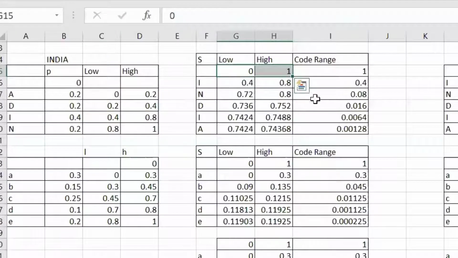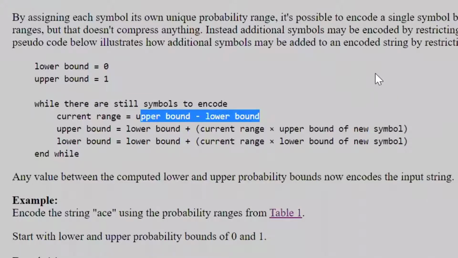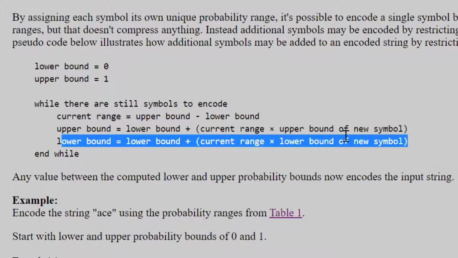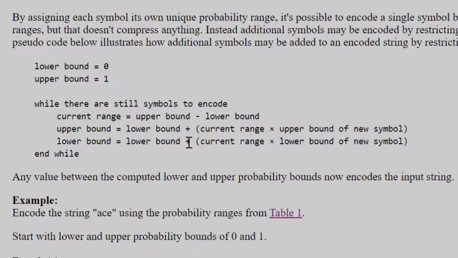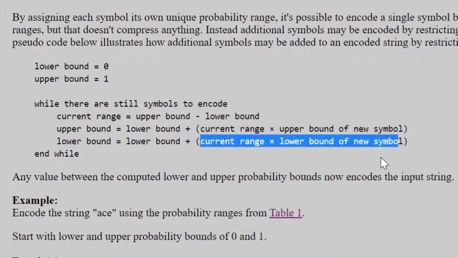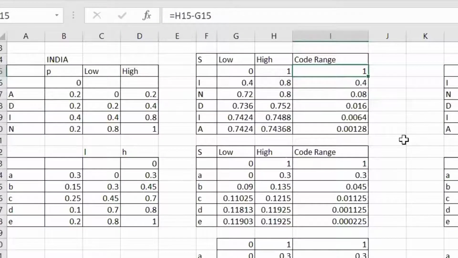The first one must be 1 because it is 1 minus 0. But in the next round, you calculate the lower bound using this equation: lower bound plus current range times the lower bound of the new symbol.